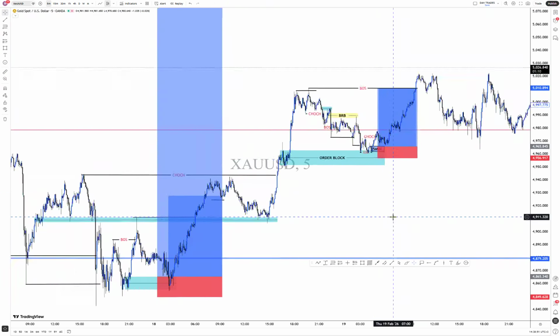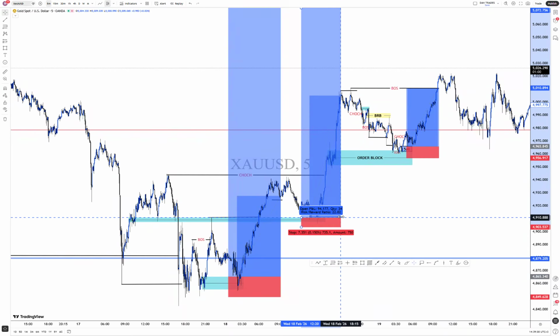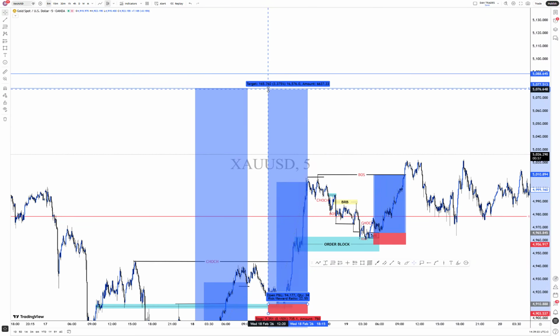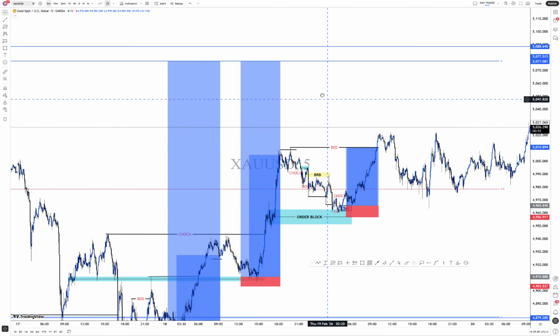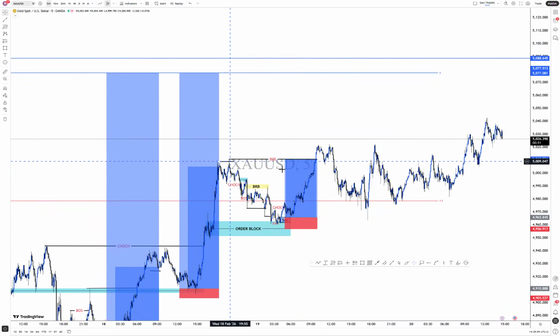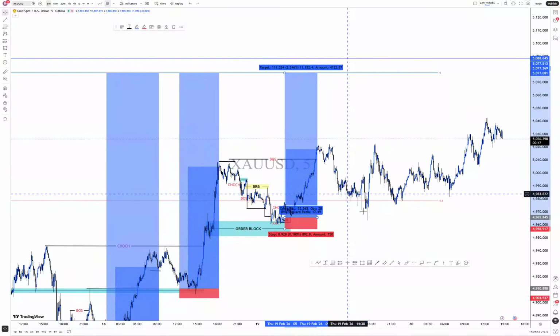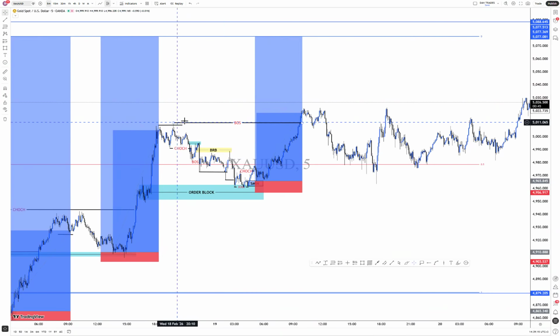That's the area where you're supposed to be targeting. And from this area here, you can take that buy and target the same area. You could have decided to target this area, but you're supposed to be targeting this 4H high. So we have this break of structure.